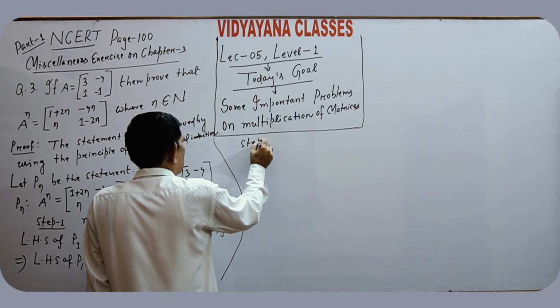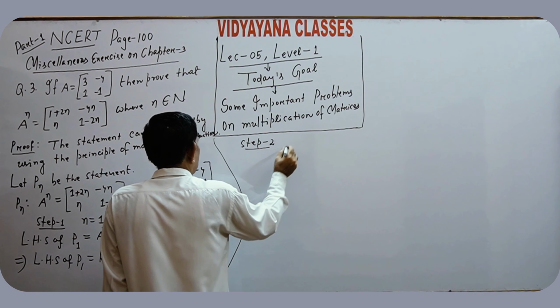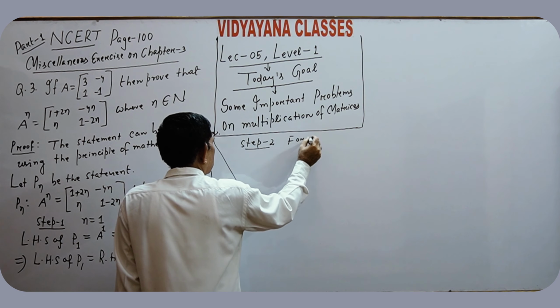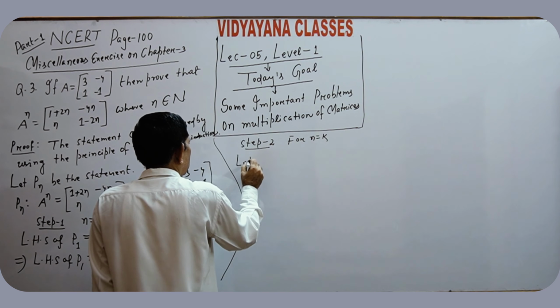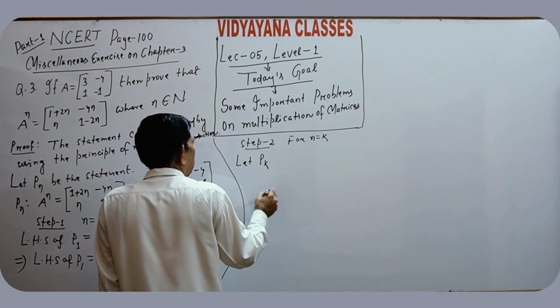Step 2, for n is equal to k. Let Pk be the statement for n is equal to k. Let Pk be true for some positive integer k.